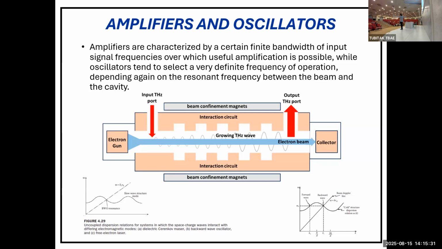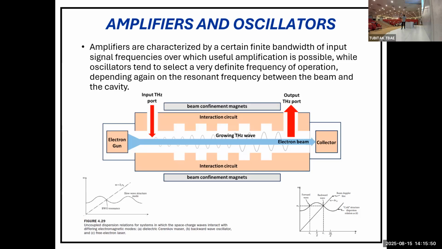You're going to have a resonance at some frequency and grow your signal. For an amplifier, you have to introduce a seed signal or input signal to your structure, and hopefully this will be amplified, and then you extract it somehow.